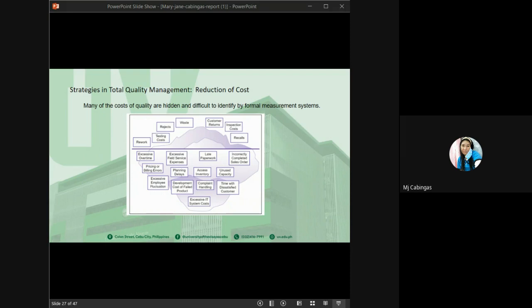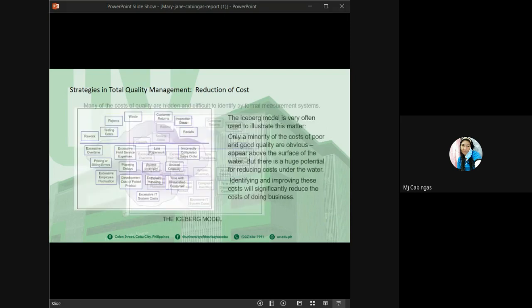And then, appear above the surface of the water, but there is a huge potential for reducing costs under the water. So identifying and improving these costs will significantly reduce the cost of doing business. So mao na siya.